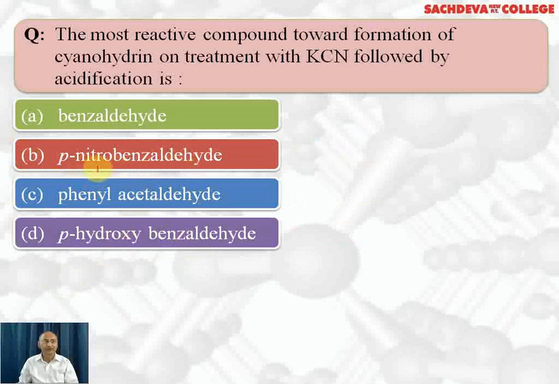Reason: the nitro group being electron withdrawing will increase the positive charge on the carbonyl carbon, and the nucleophile, that is cyanide ion, will attack most easily. So correct answer is B part. It means if an electron withdrawing group is attached, it will increase positive charge on the carbonyl carbon and make it more reactive towards nucleophilic addition reactions.